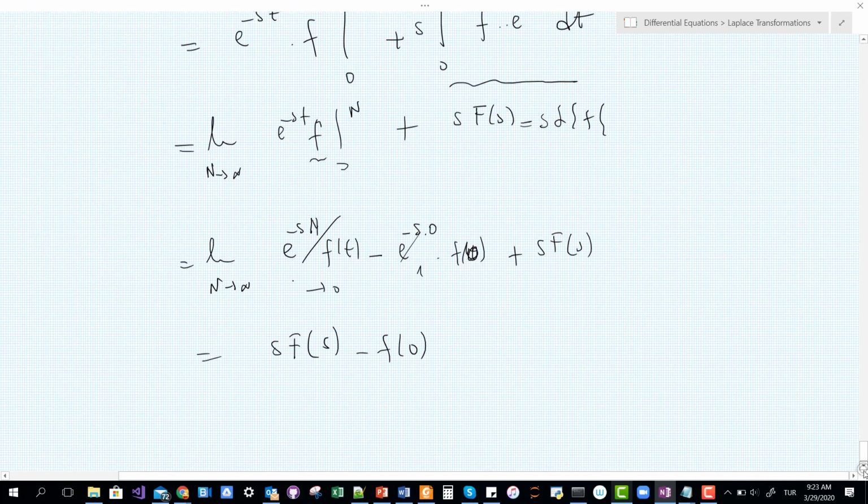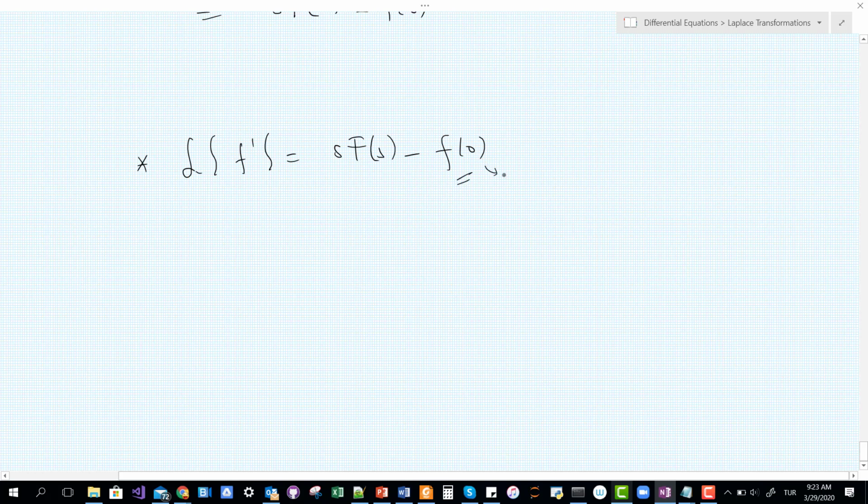Did you see that? So now I can write my Laplace transformation of f prime in this way: s times Laplace of f minus f of 0. So we need to notice that, look at this, guys, to be able to find the Laplace of f prime, you need to be given an initial value.